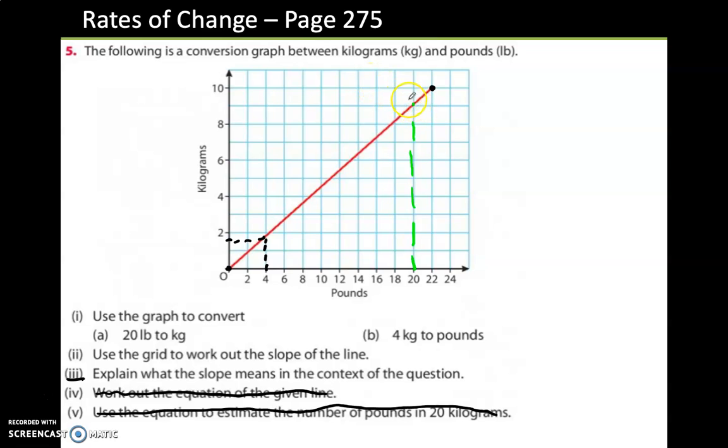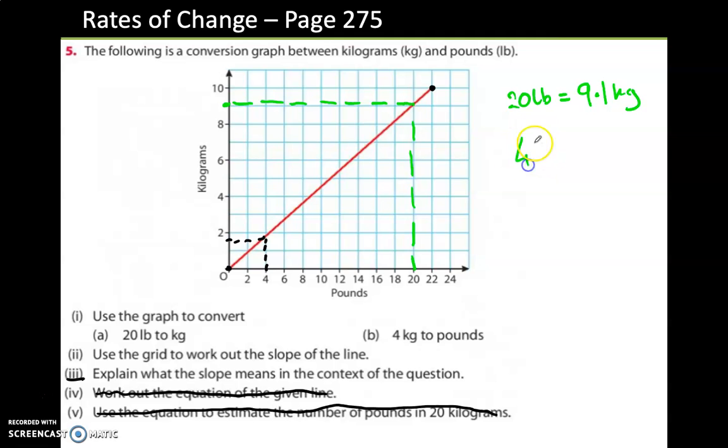So I'm going to keep my estimation line just above this blue line. So 20 pounds is equal to, in kilos, about 9.1 kg. If you said 9 kg, you'd be fine, okay? So 20 pounds is equal to 9.1 kg.